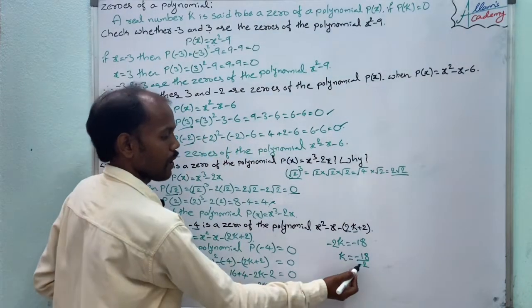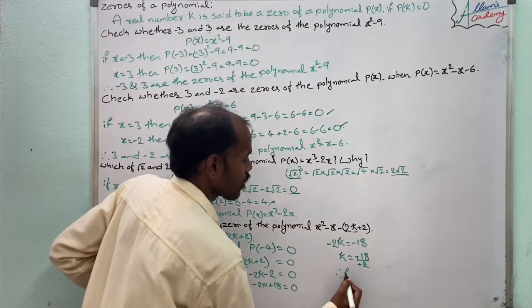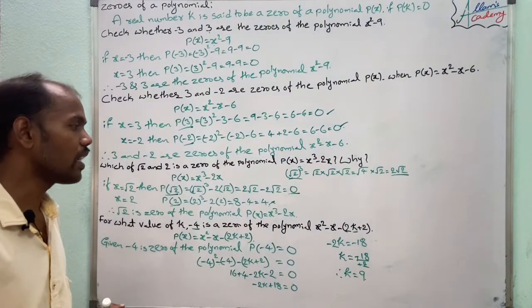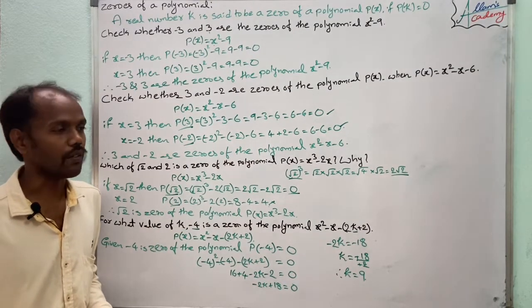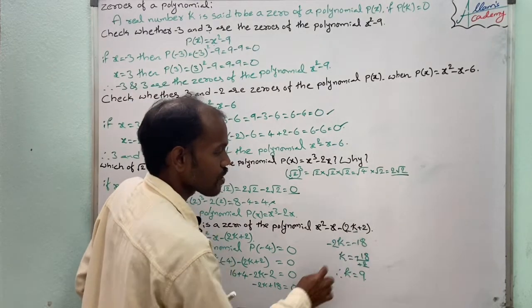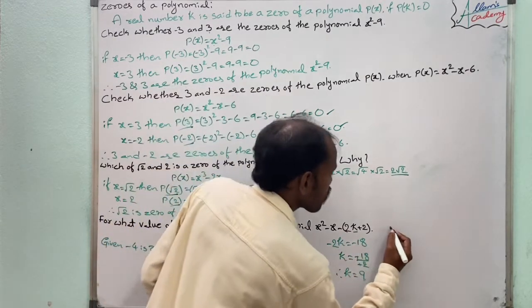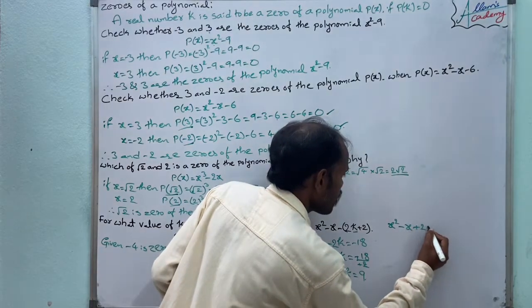Minus minus gets cancelled, 2 ones are 2, 2 nines are 18, so k equal to 9. So with k equal to 9, minus 4 is a zero of the polynomial. Substituting, 2 into 9 is 18, 18 plus 2 is 20, so the polynomial is x square minus x minus 20.